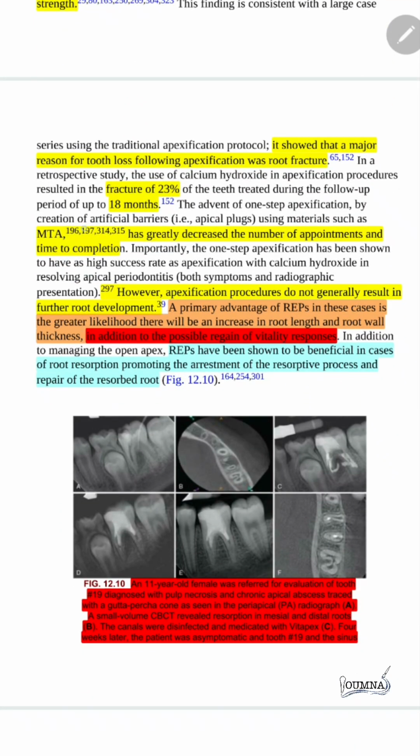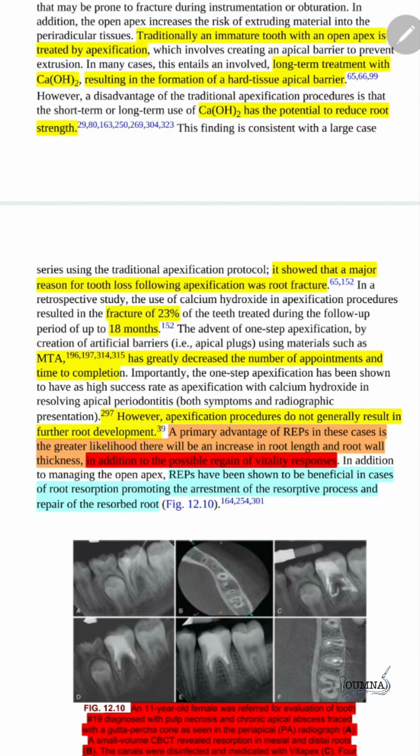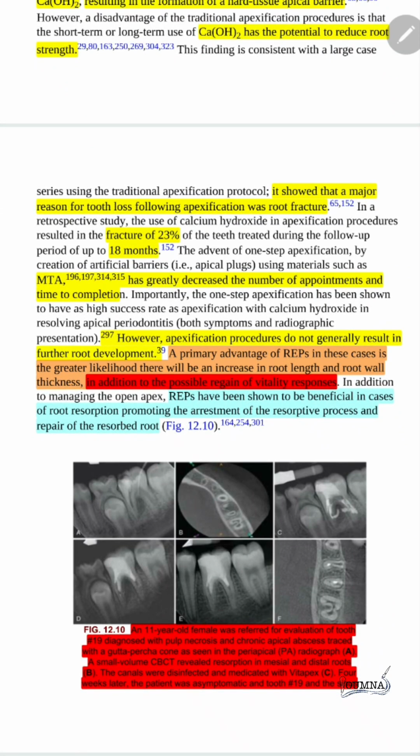Although MTA is a good substitute for calcium hydroxide and decreased the number of appointments and the time, and the complications were also fewer, apexification as a whole produces a weak tooth. So doing the apexogenesis that we will discuss now is more favorable for the tooth and its prognosis in the long term.